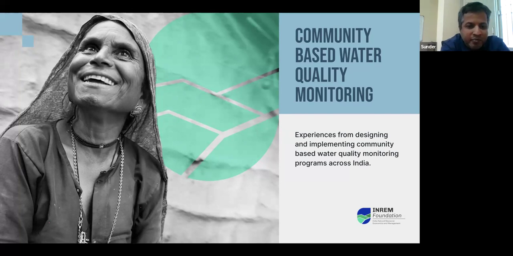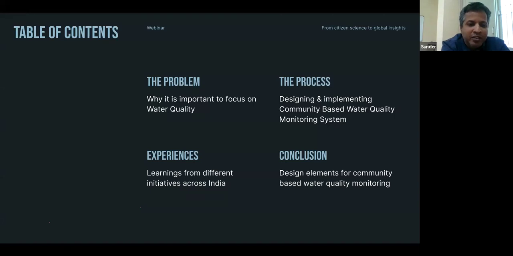In this presentation, I'll be talking very briefly about the problem. I think most of the participants here would know about the larger problem of why working on these issues is important. But I'll focus more on what we are learning from our experiences across India. We work in 7 states in India, in roughly 9 districts, where we work closely with communities that are affected with problems such as fluoride contamination, arsenic contamination, nitrate contamination, flood-related problems, and a variety of other water safety and water quality problems.